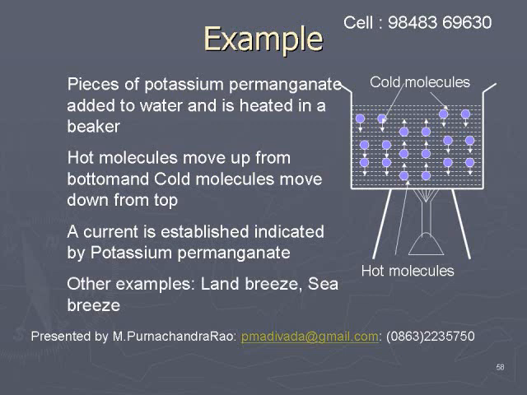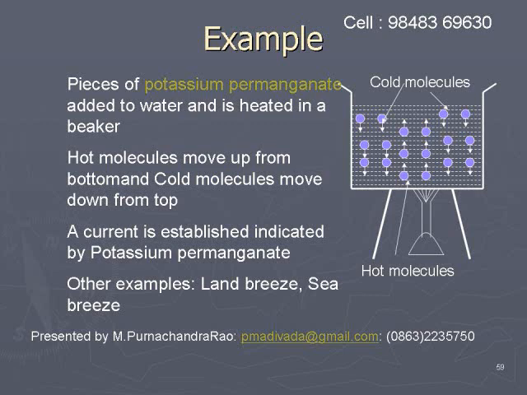Hence, the upper molecules, the molecules from the top surface, will be cold and they try to occupy the less dense region. So they will come down under gravity. Less dense molecules move up. Like this, hot molecules will move up and cold molecules will come down.